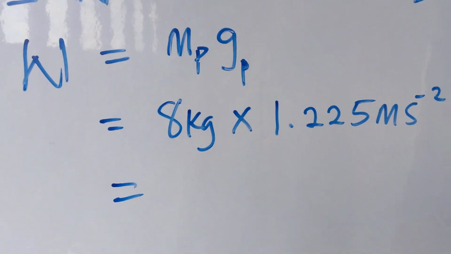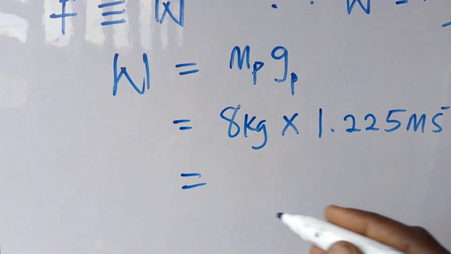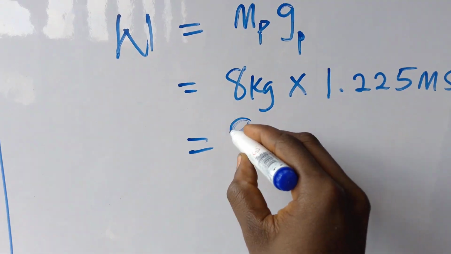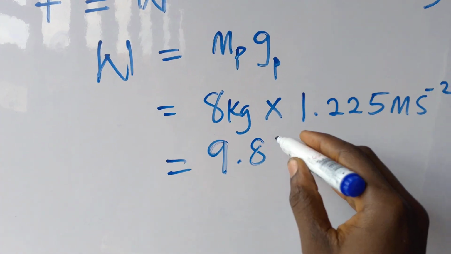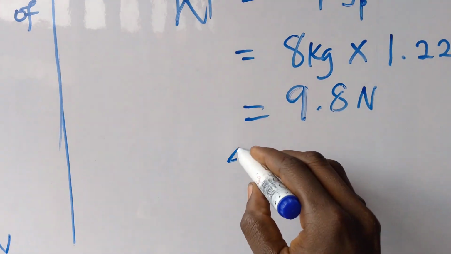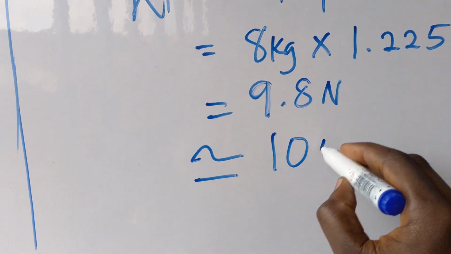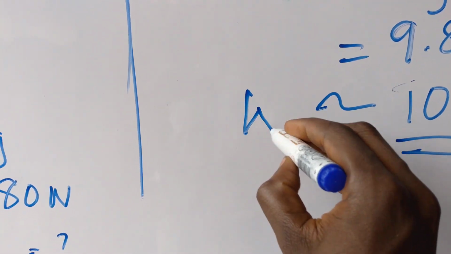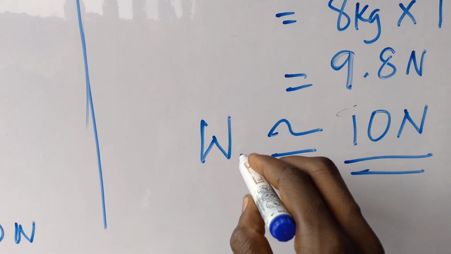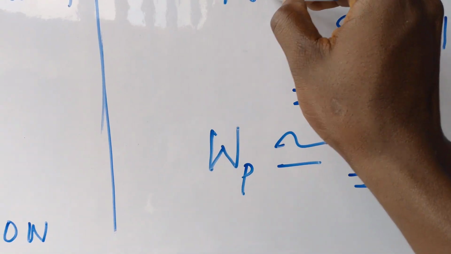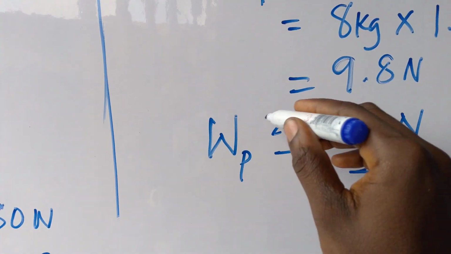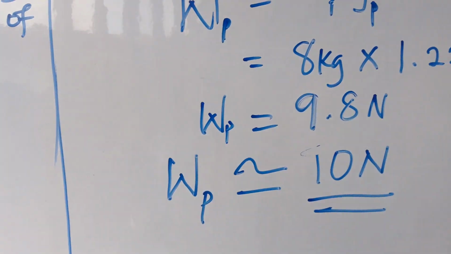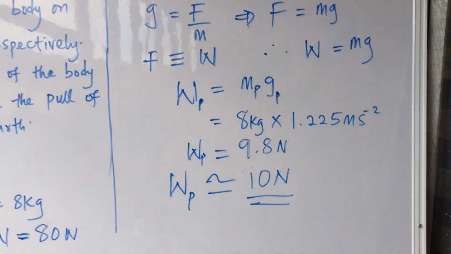So when I multiply it, I'll be having 9.8 Newton, which is approximately 10 Newton to the nearest whole number. This is the weight of the object on the planet.